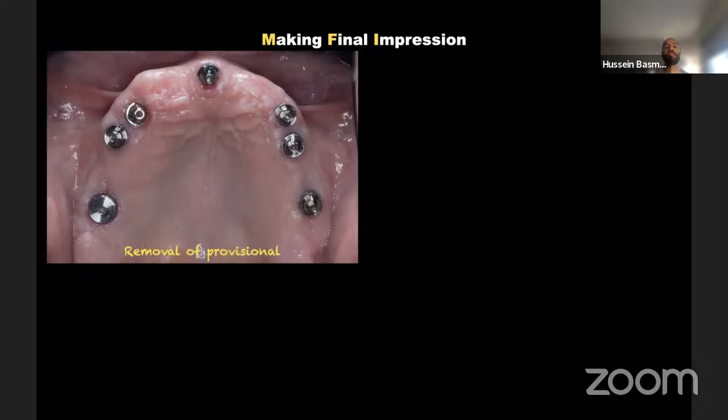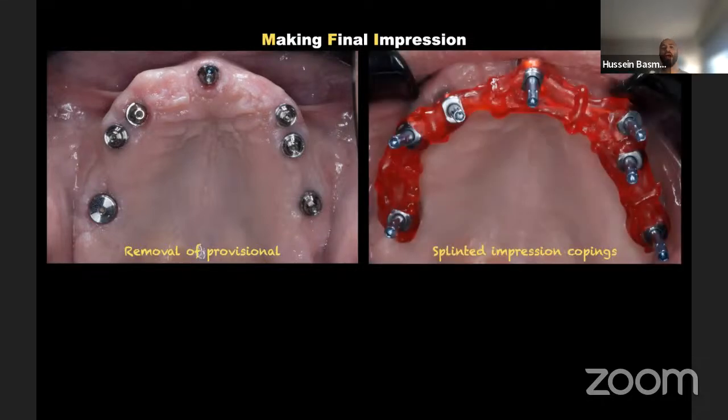So now we remove the temporary prosthesis here, and now we're going to do what? We're going to take an impression. And keep in mind here, in this case, we have some implants that are very angled buccally.